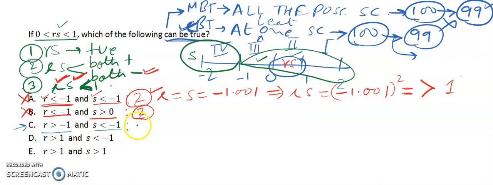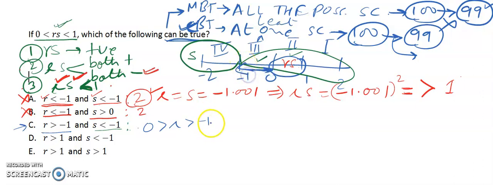To find out whether there is some value for which RS can fall in this range, we must take some value in which R lies between -1 and 0.